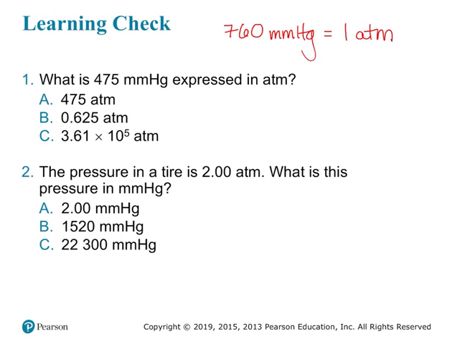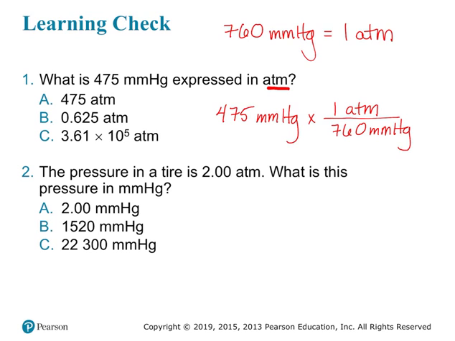We're going to start with what we know, or what we're given, and then we're just going to fill in our conversion factor. So in this particular problem, we're trying to convert millimeters of mercury to atmospheres. So we're going to put 1 atmosphere in the numerator and then divide that by 760 millimeters of mercury.